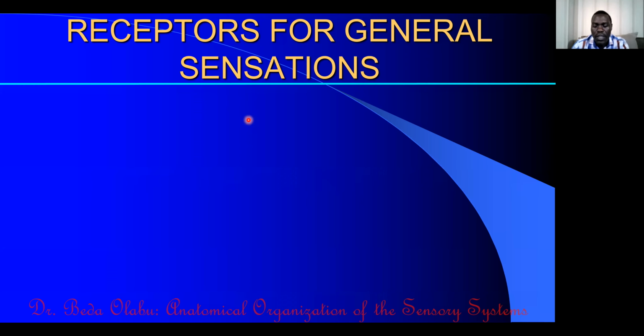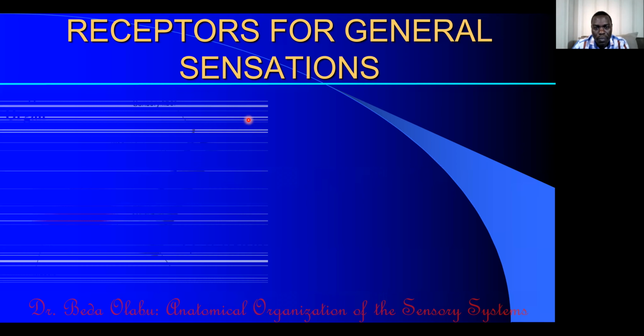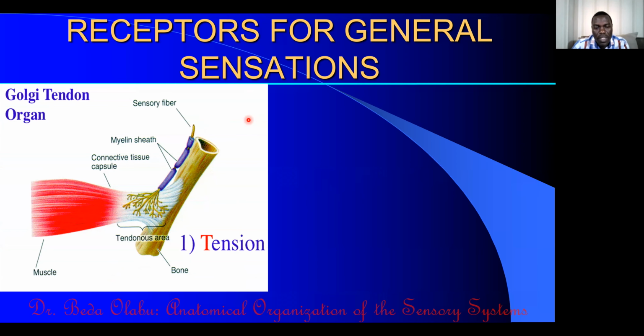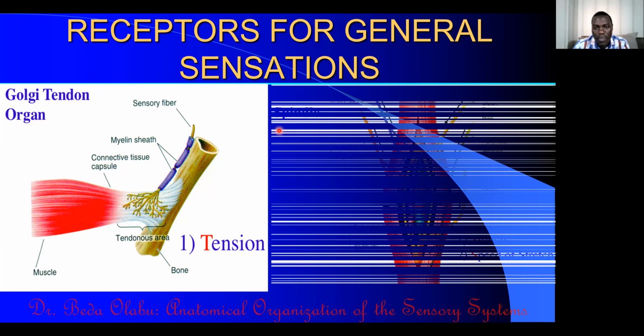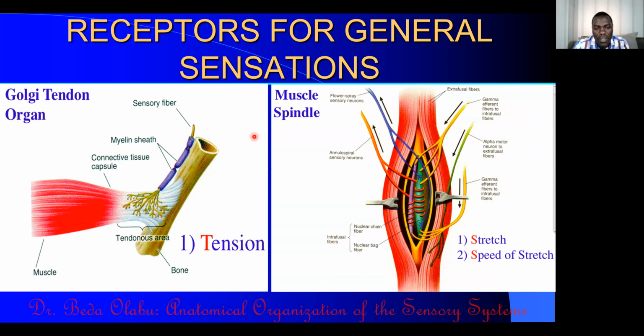Apart from those receptors which are on the skin, we also have some receptors which are deep. They're largely within the muscle, so they're deep sensations. Two types of receptors are deep in the muscle.